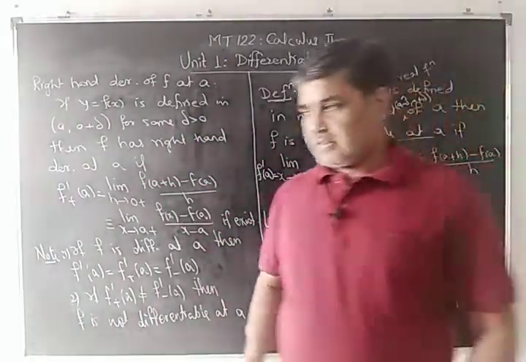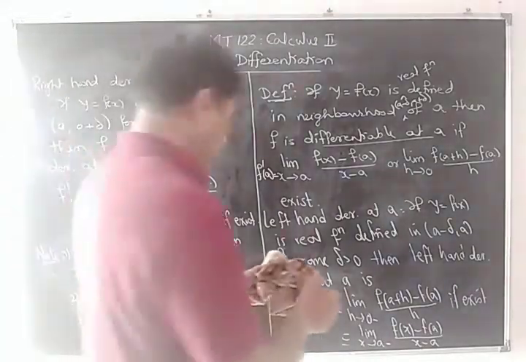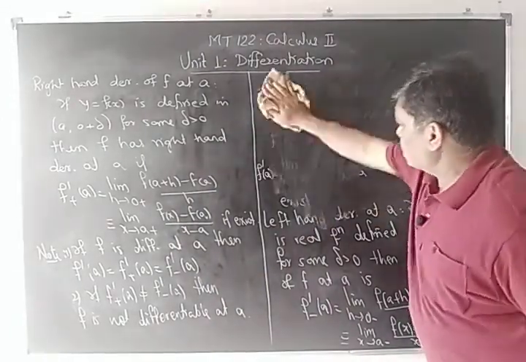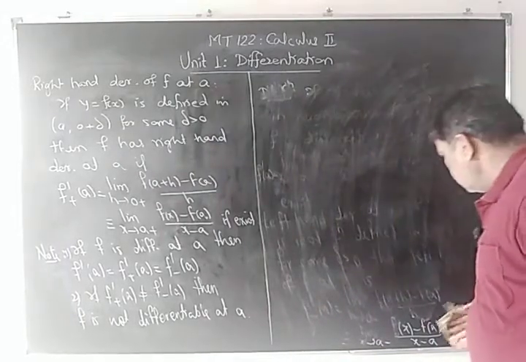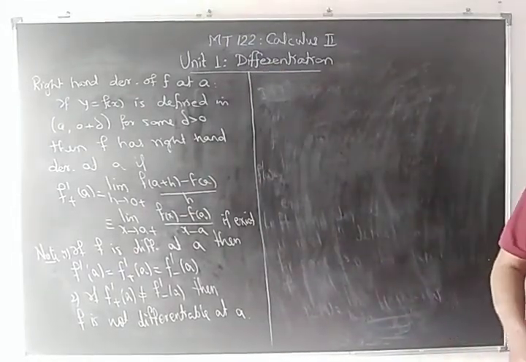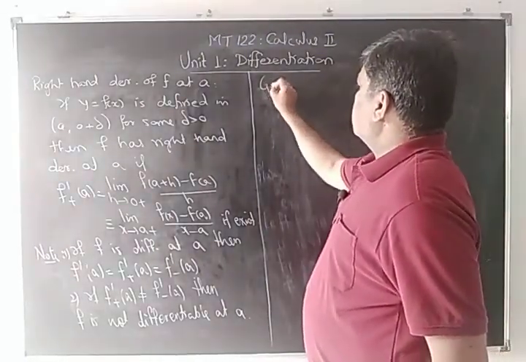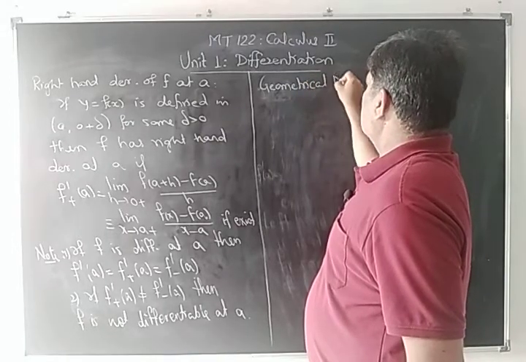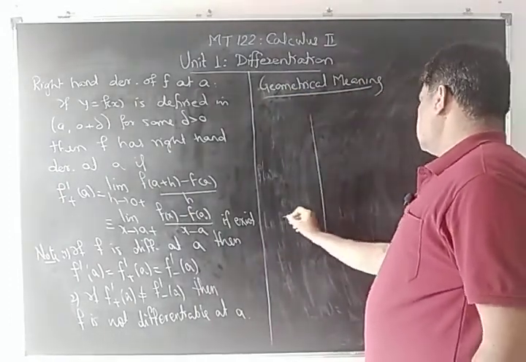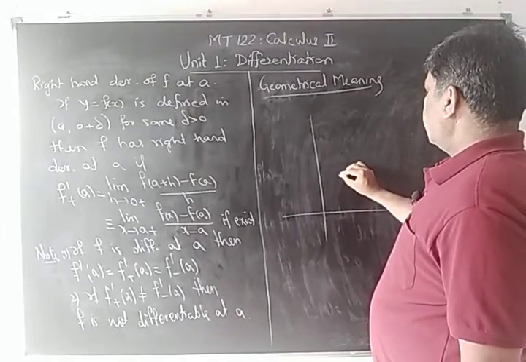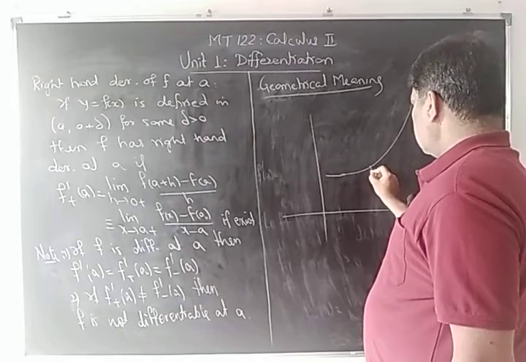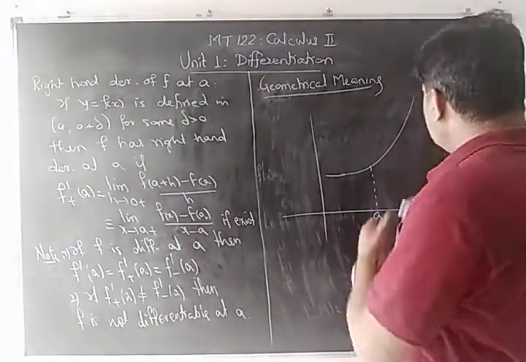Now, what is the geometrical meaning of this? If y is equal to f of x is a function whose graph is like this, and here I have some point a, this is y equal to f of x.